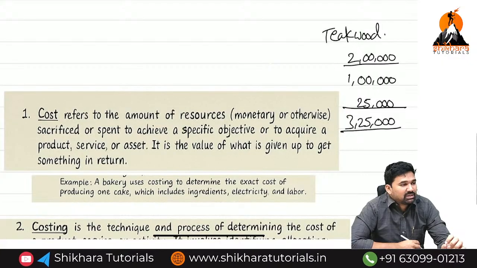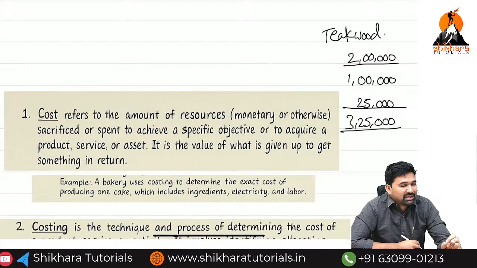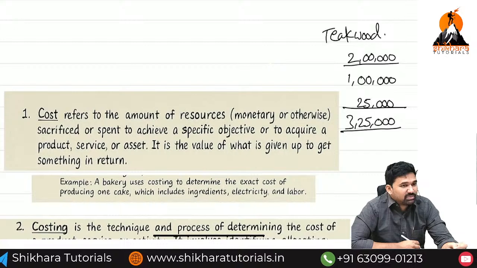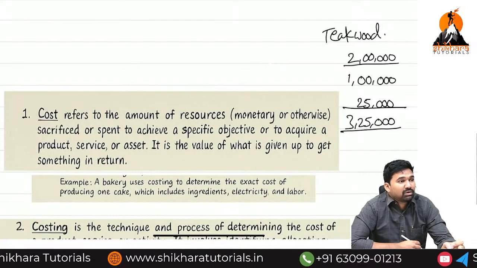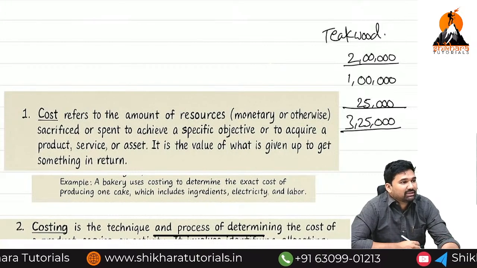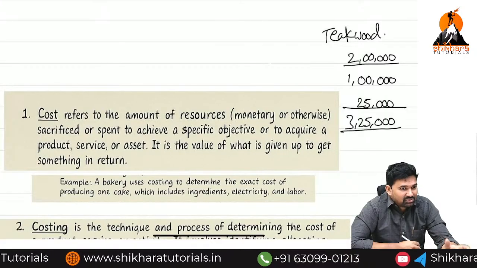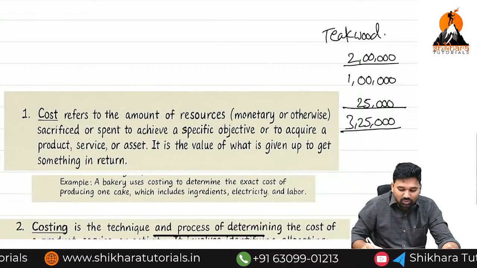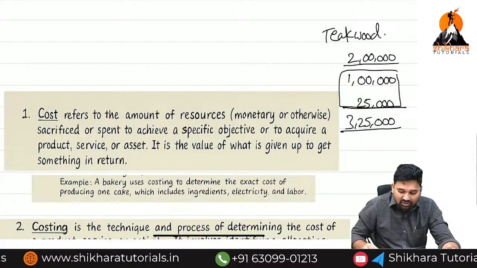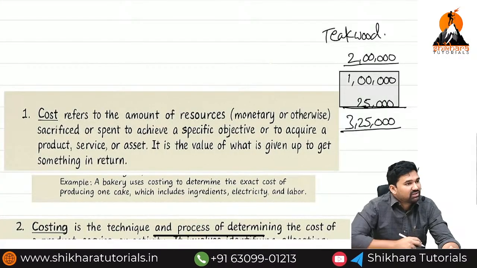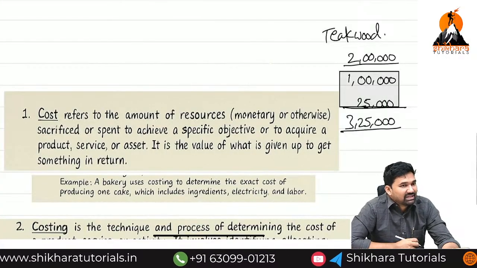So, as per costing knowledge or in the costing language, what must be the cost of the double cot 6x6 teakwood bed? 3 lakhs 25,000. Why? You have spent only 1 lakh 25,000, na? Why are you saying it is 3 lakh 25,000? Yes, sir.